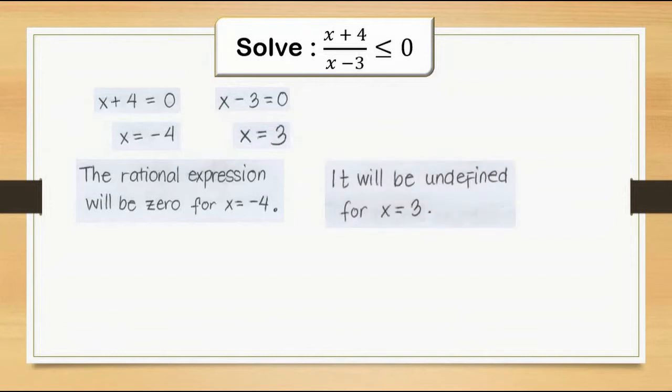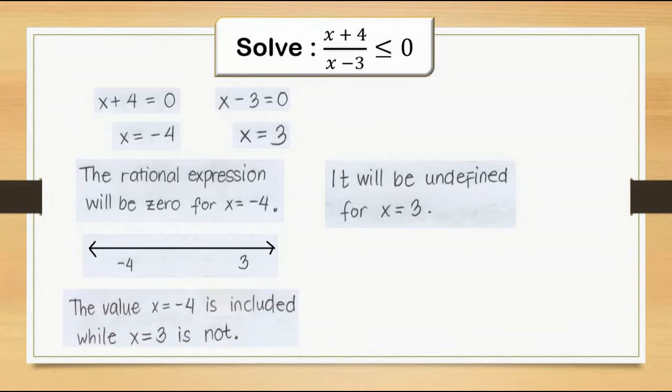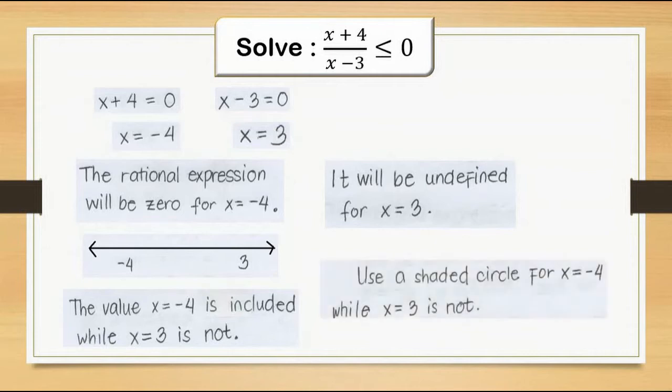Next, we will draw a number line, -4 on one side and 3 on the other. The value x = -4 is included while x = 3 is not. Use a shaded circle for x = -4 while x = 3 is not.